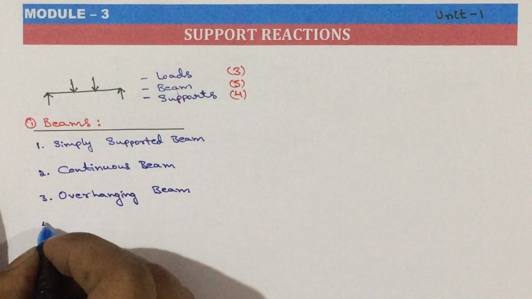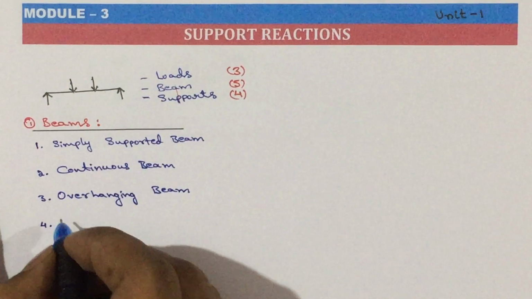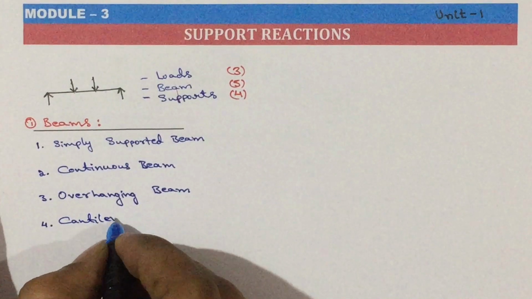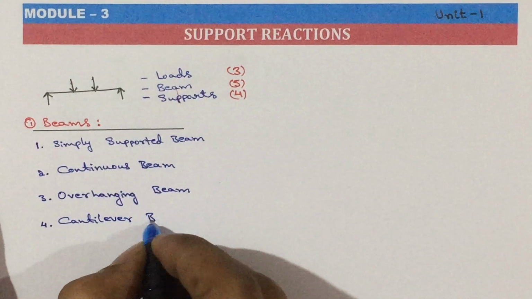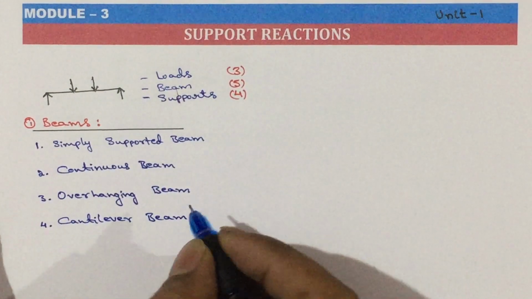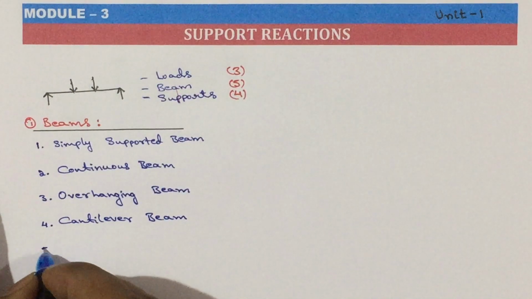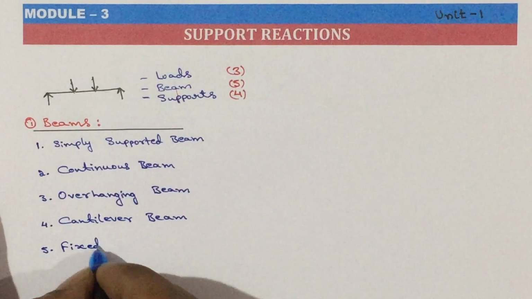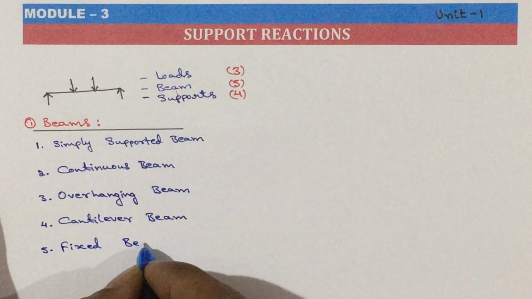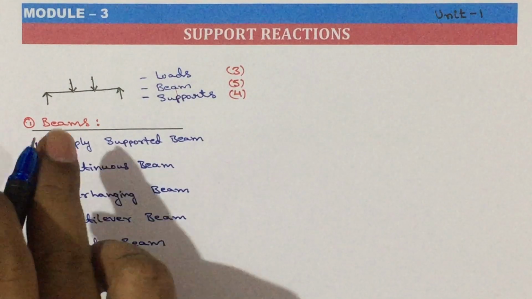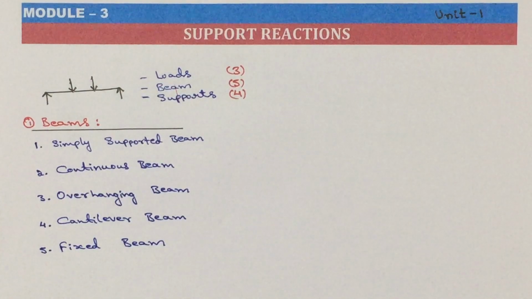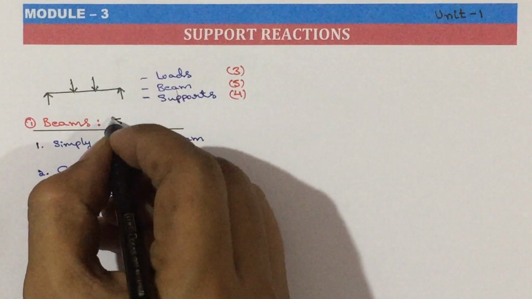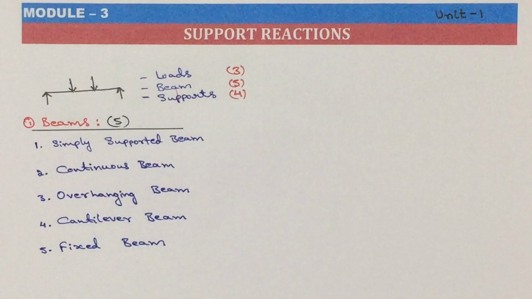Then the fourth one is cantilever beam. And the fifth one is fixed beam. So, these are the 5 types of beams.